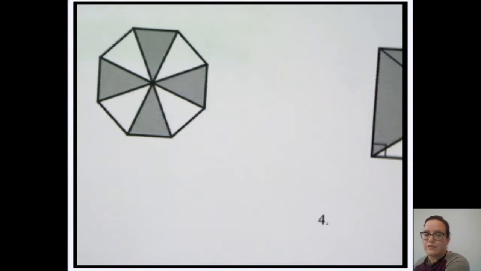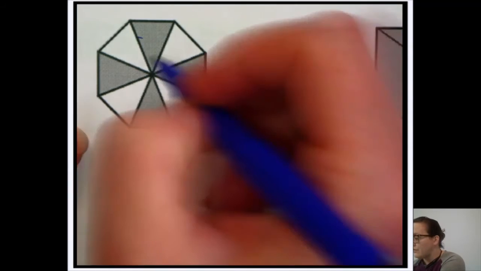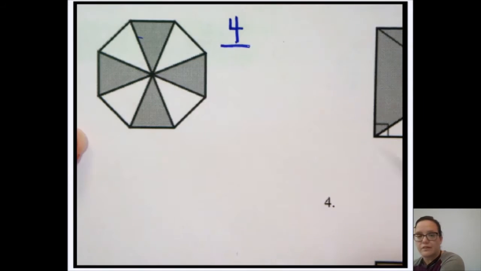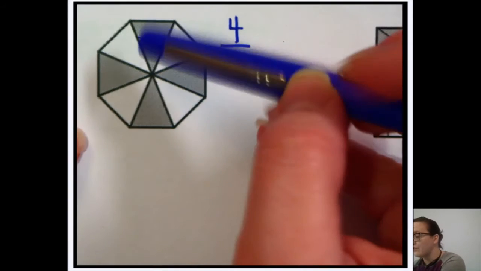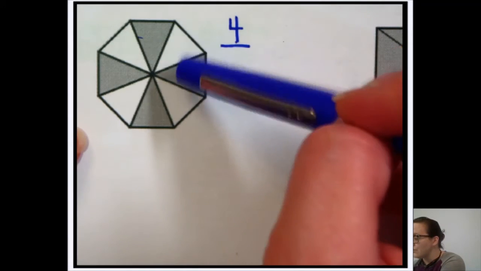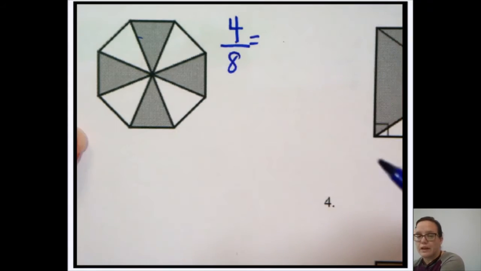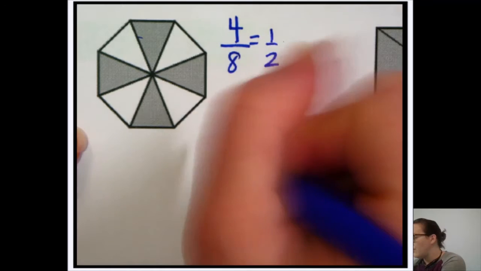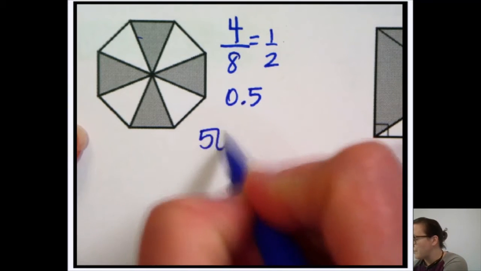Okay, and so if we want to take the shaded area, how many of them do we have? Okay, we have 4 shaded areas, right, out of the total number of triangles we have. So 1, 2, 3, 4, 5, 6, 7, 8. Okay, so 4 out of the 8, which is a half, or 0.5 is perfectly fine, or 50%.